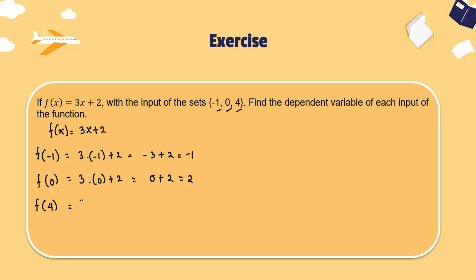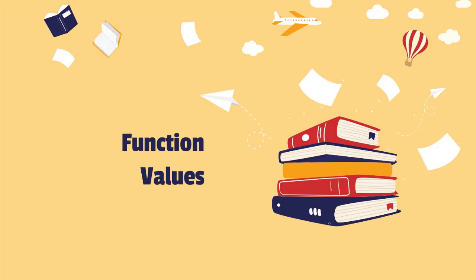And for f(4), you can get 3 times 4 plus 2 is equal to 12 plus 2 is equal to 14. So the dependent variables of this function for the inputs minus 1, 0, and 4 are minus 1, 2, and 14.